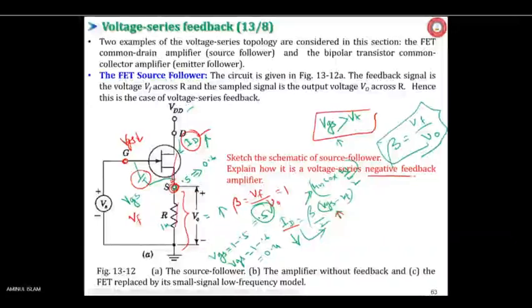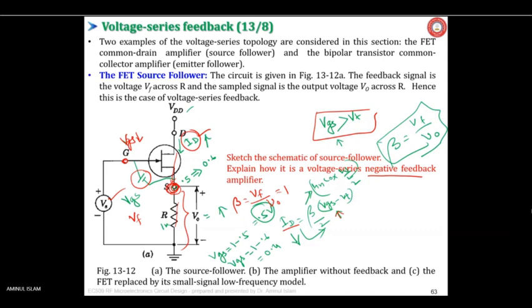Negative feedback voltage developed is going to be applied in series with the source voltage Vs. Whatever voltage is developed here due to the flow of current through R is getting applied in series. We have seen earlier how at the input, series connection has to be given from the feedback network, the beta network.